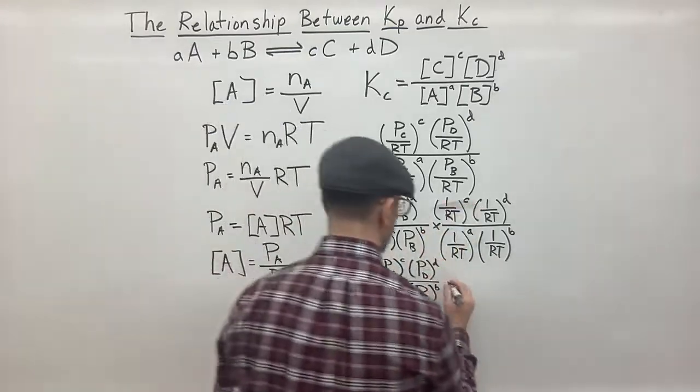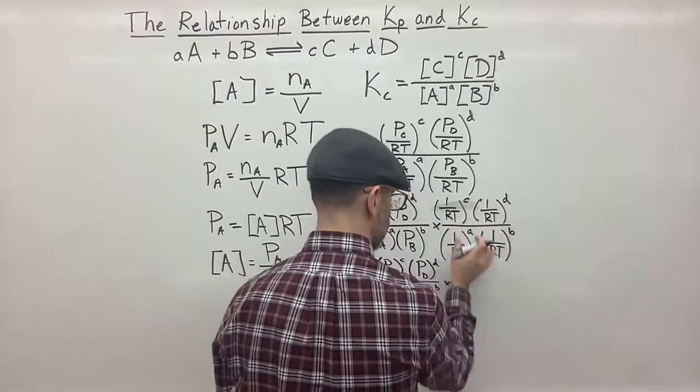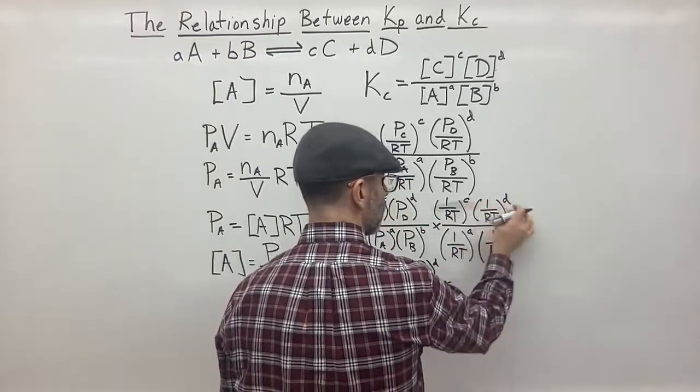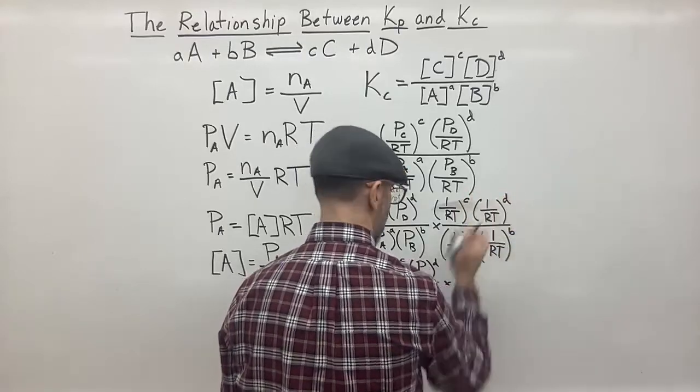And then all we're going to do is multiply these together, and the exponents are going to be added together.